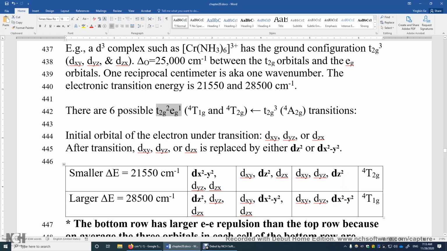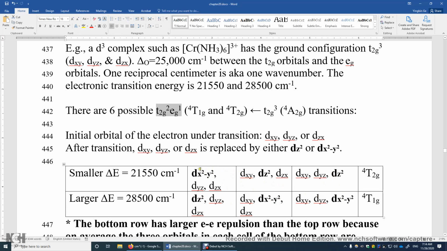In the bottom row, it's replaced by dx squared minus y squared. So really, dxy, dyz, and dzx are replaced in both rows. It's just that we have 2 options where this electron goes. It can go to here or here, here or here, here or here.